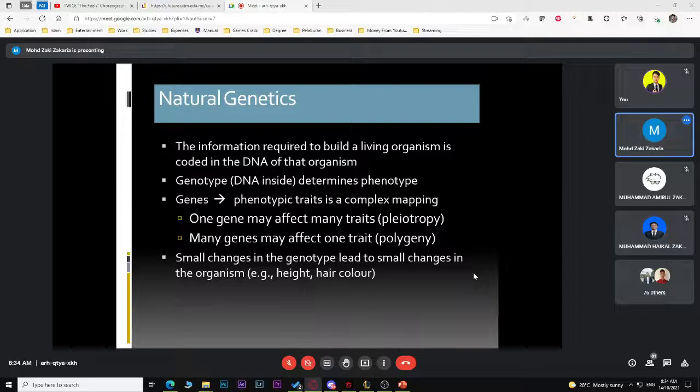In biology, this thing we call phenotype, but the inside of the phenotype we call genotype. And then small changes in the genotype lead to small changes in the organism, for example the color of skin and so on.